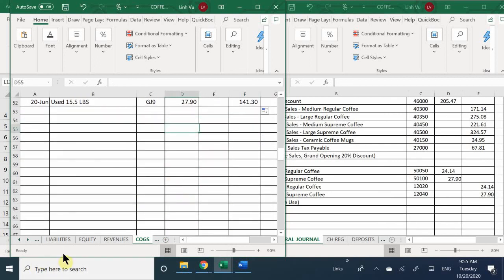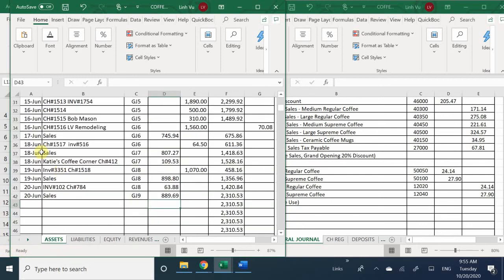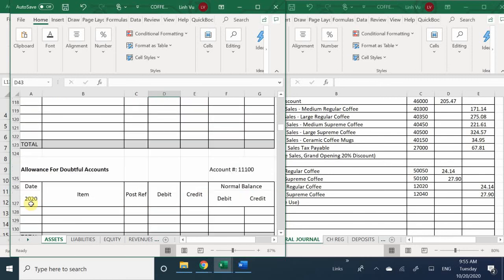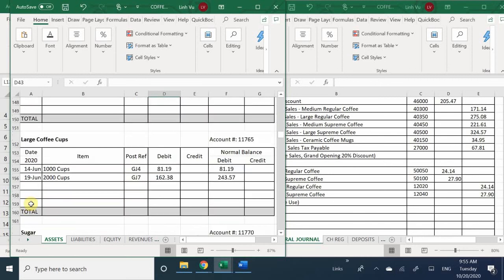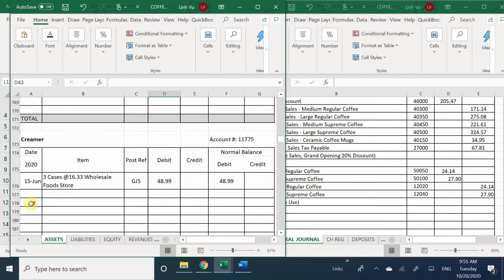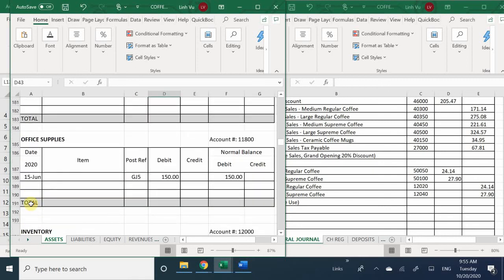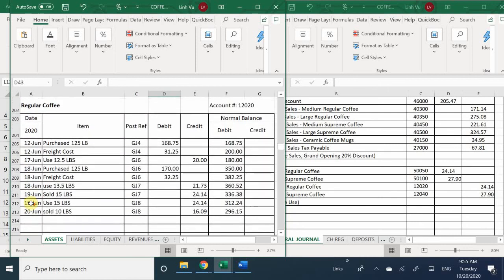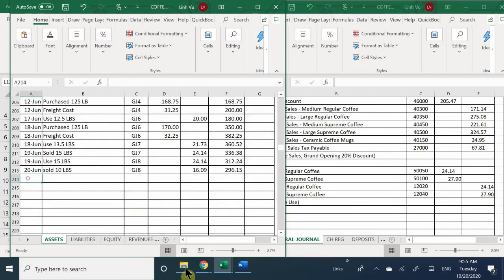And then lastly, we're going to update our inventory. Here's my regular coffee.